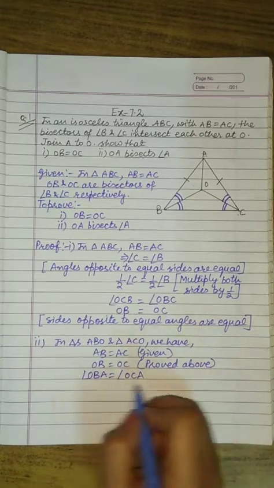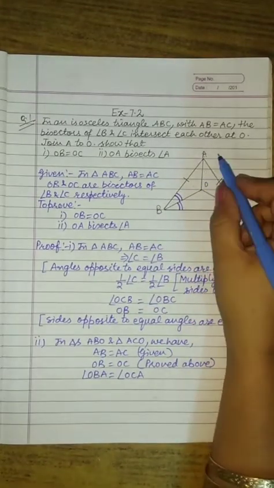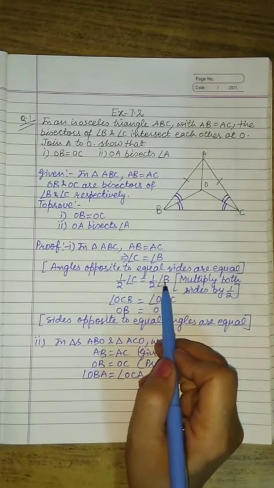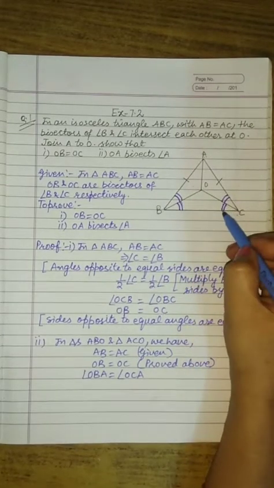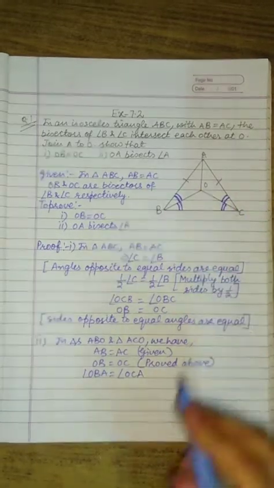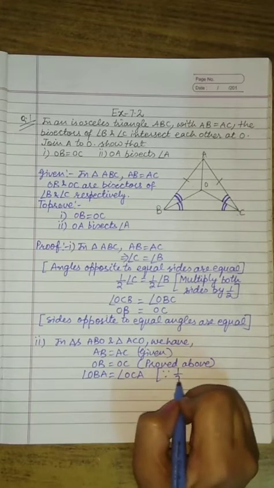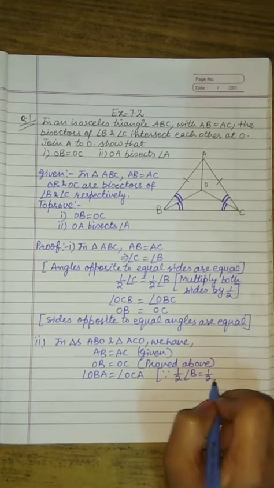Now why are angle OBA and OCA equal? Because we have written here half of angle C is equal to half of angle B. Earlier we have used this half of angle B and C. Now we are using this half of angle B and angle C, which is equal. So we can write here, because half of angle B is equal to half of angle C.